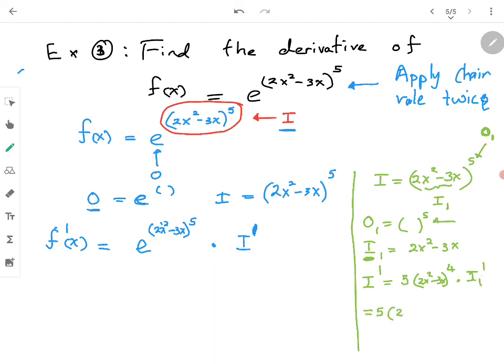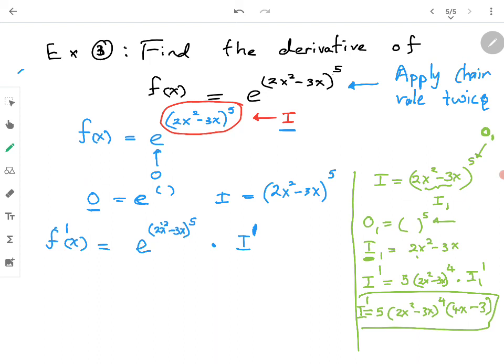And what is I1 prime? The derivative of 2x squared is 4x, derivative of negative 3x is negative 3. So I1 prime is 4x minus 3. So I prime is equal to this one.